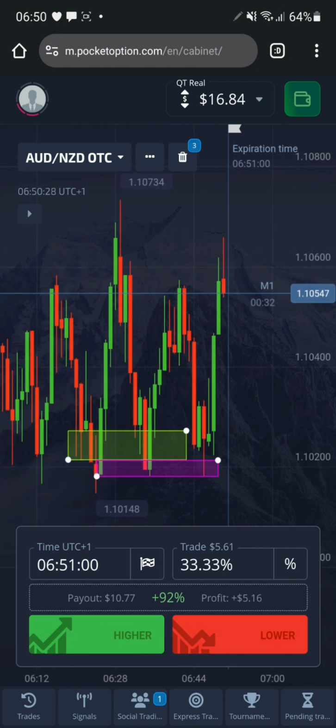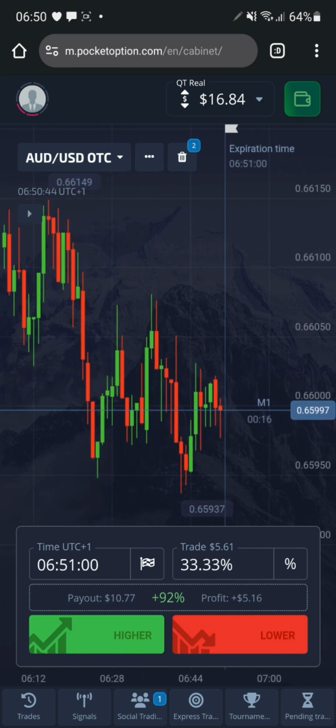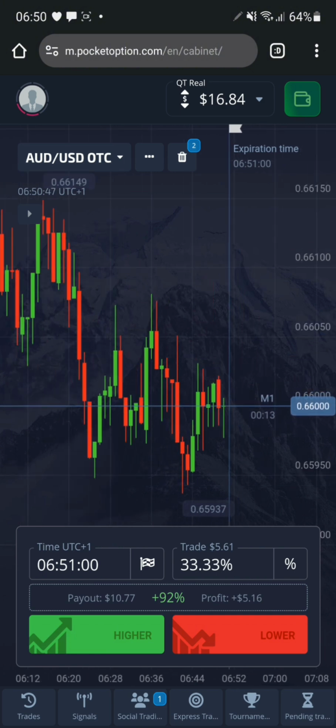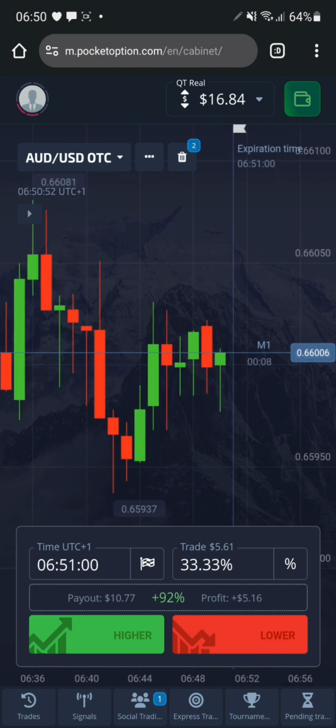Look for better opportunities. Wow, that QM level was very strong. It pushed the price all the way to this area. Not bad. Okay, now we have a good rejection market. Let's see how far we can go with this.